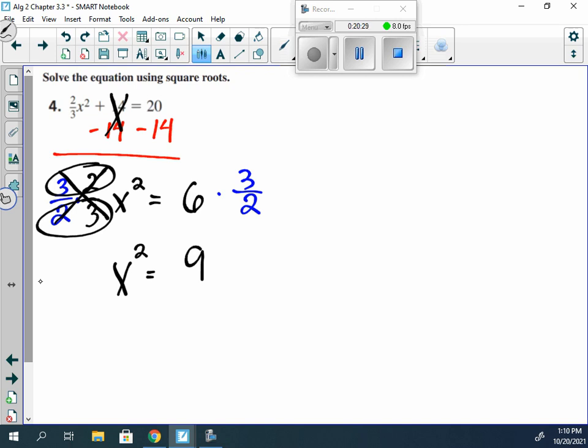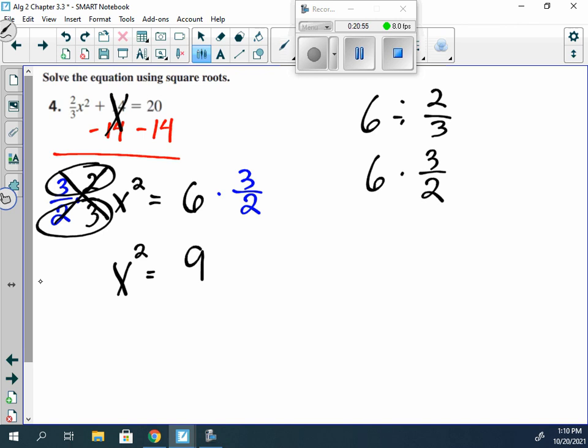We change it from division to multiplication and flip the second fraction. If I flip 2/3, it becomes 3/2, and we're multiplying. So we get to the same place. The 6 divided by 2/3 would be 6 times 3/2, which gets us to 9.